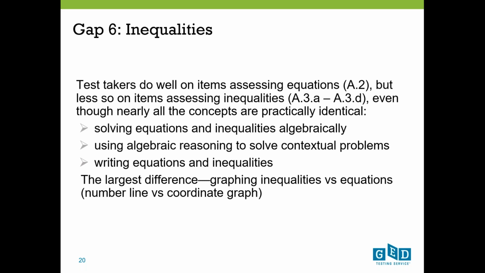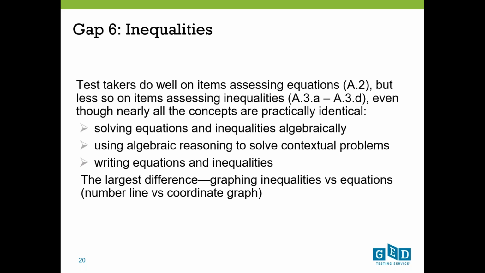in those 3 bullet points, solving equations and inequalities algebraically, isolating the variable, inverse operations, they're again almost identical. Using algebraic reasoning to solve contextual problems, and we'll see an example of that, it's easier to show than to explain. Those are essentially, again, identical.